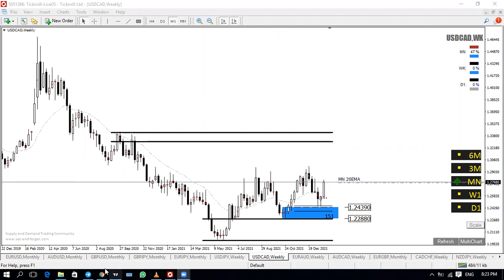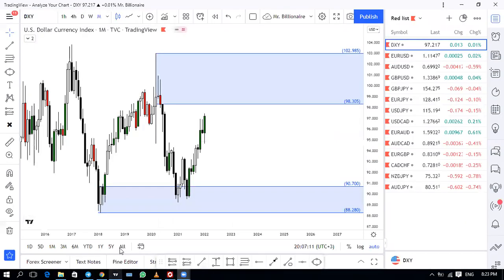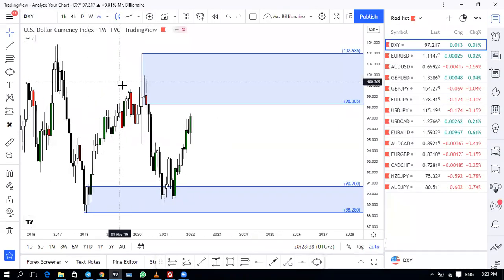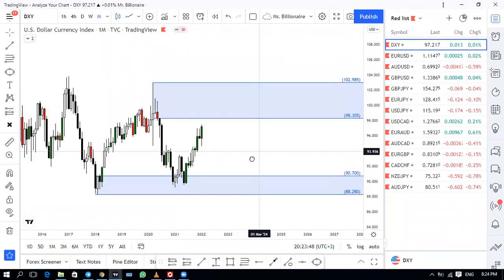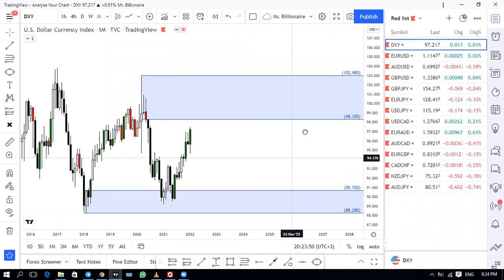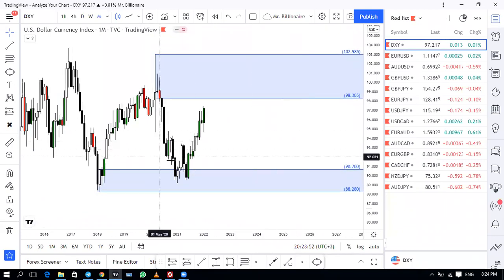That is dollar CAD. Also, when we come to correlation, dollar CAD is highly correlated with the dollar index. Let's look at the dollar index monthly time frame. As you can see from last week's webinar, I was expecting the USD index, or dollar, to continue to be strong since the monthly demand was in control.